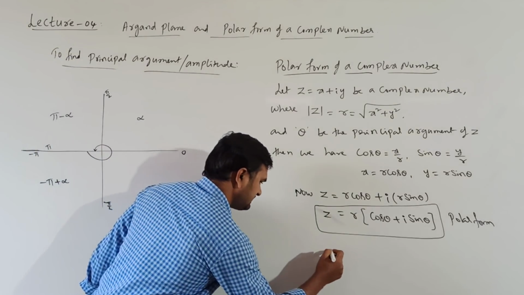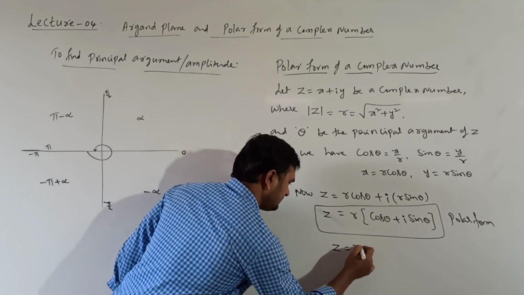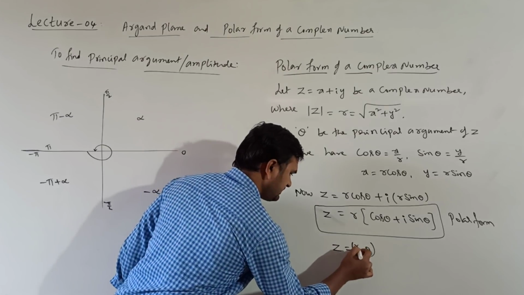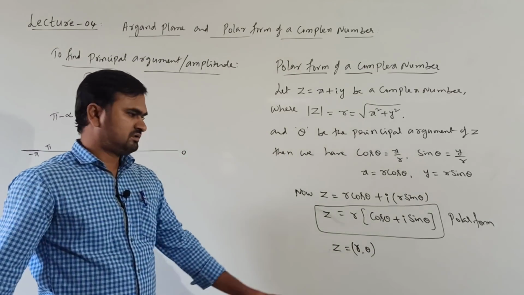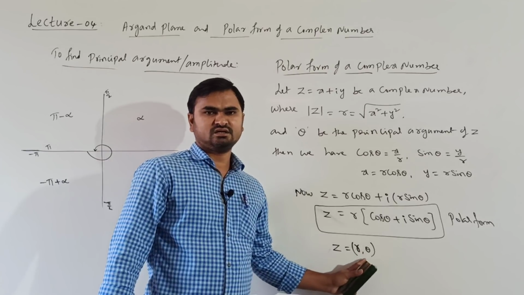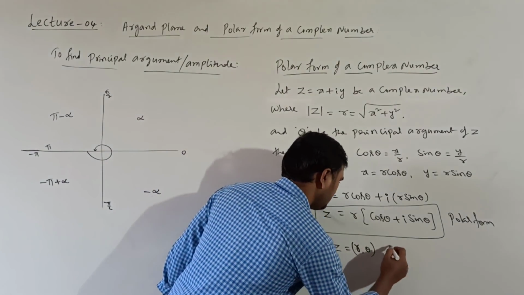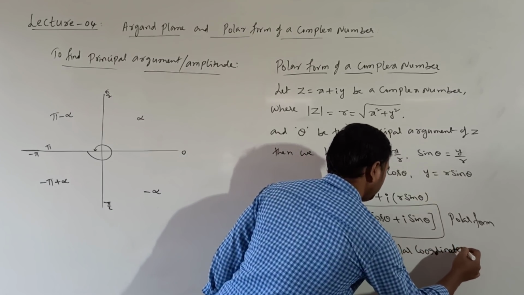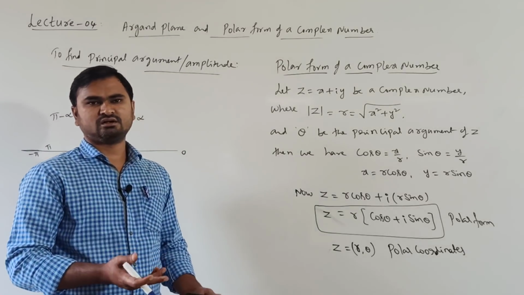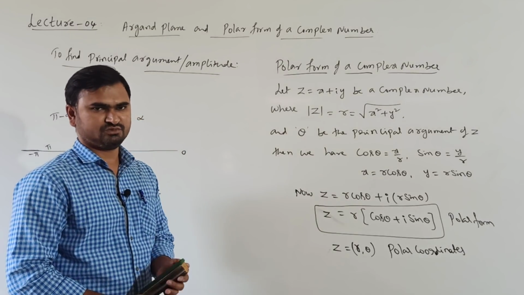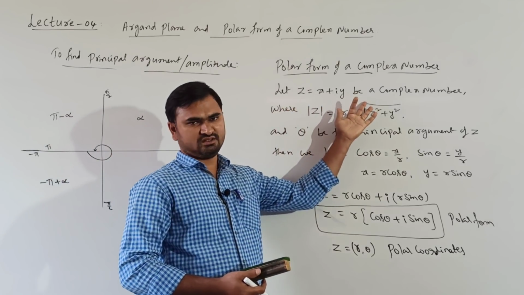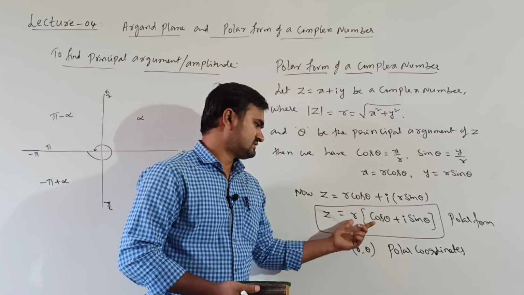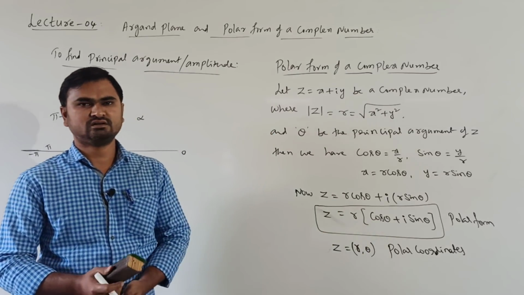So here z I will write in terms of r comma theta, where this r comma theta are called the polar coordinates in a complex plane or Argand plane. Usually we write in terms of x comma y, but here we are writing in terms of r and theta. So this is the polar form of the given complex number.